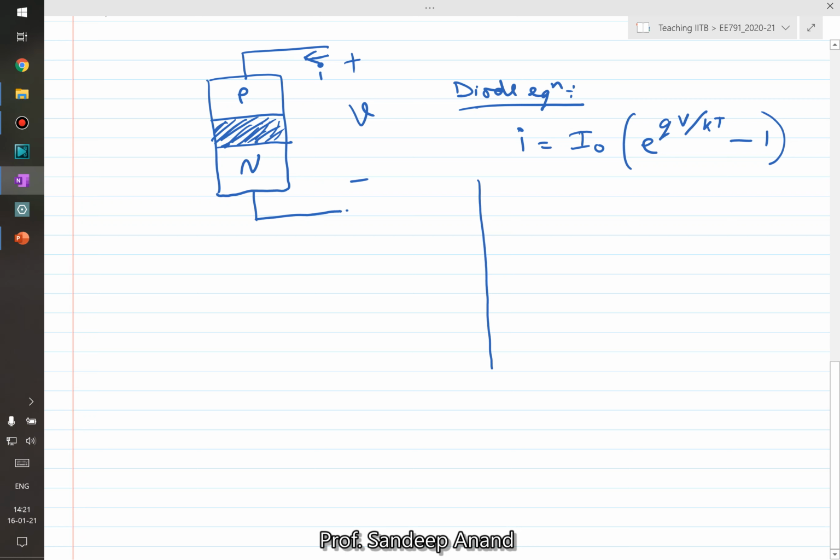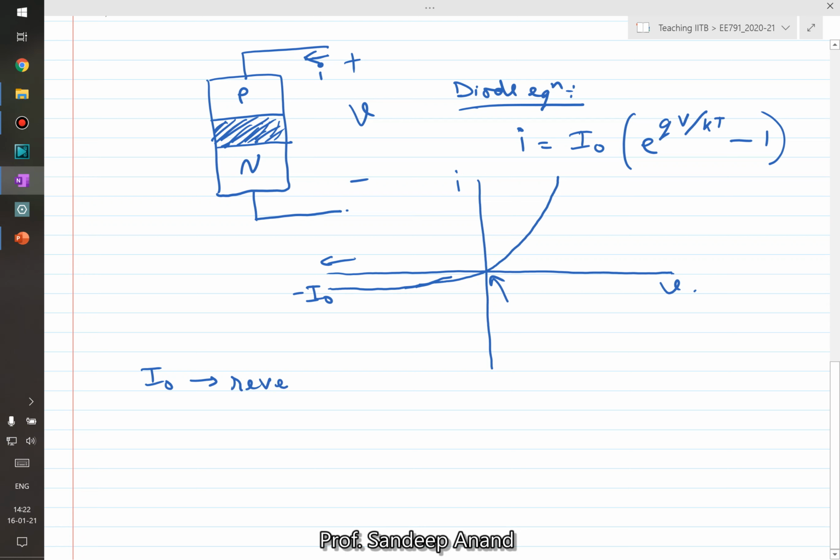So if we plot this equation in IV characteristics, then this is how it roughly translates to, right? This is how this equation looks. At zero voltage the current is zero, and as the voltage approaches minus infinity, the current is minus I naught. So in this equation, I naught is called the saturation current, right?